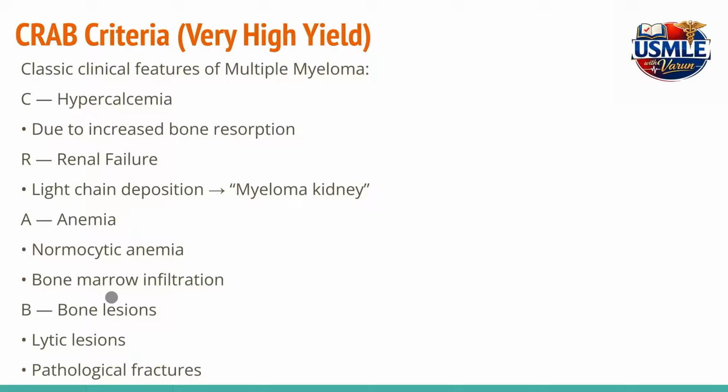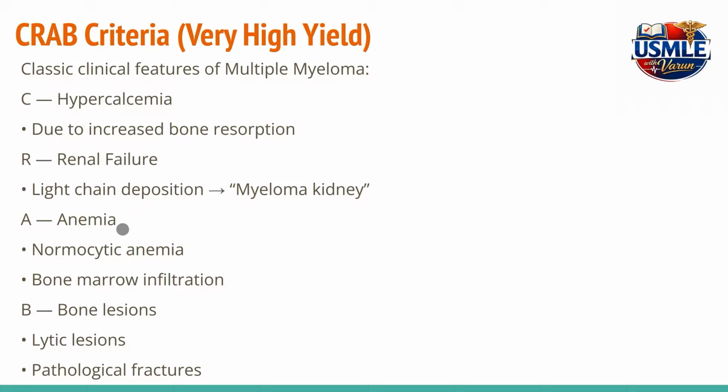The classic presentation of multiple myeloma is summarized by using the CRAB criteria. C stands for hypercalcemia due to bone breakdown or bone resorption. R stands for renal failure, mainly from light chain deposition, and this might lead to development of a myeloma kidney.